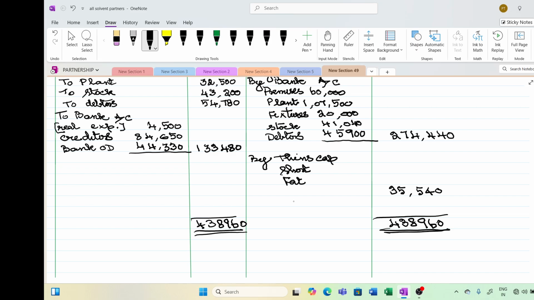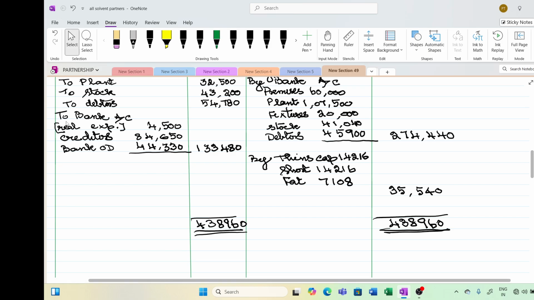The profit sharing ratio given was 2 is to 2 is to 1. Divided by 5, 7,108. This person has one portion, 7,108. Short is 2, 14,216. And Thin's capital will be debited with 14, sorry, here it will be the current account.